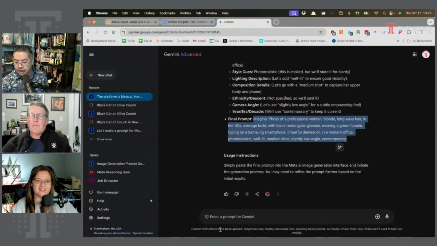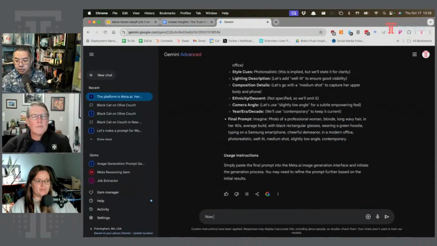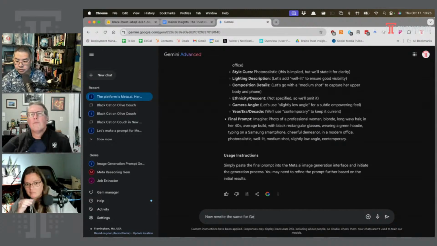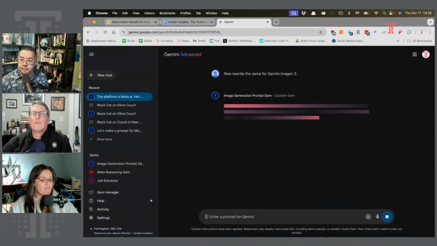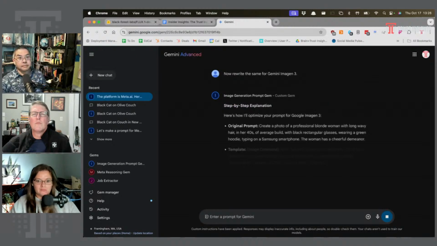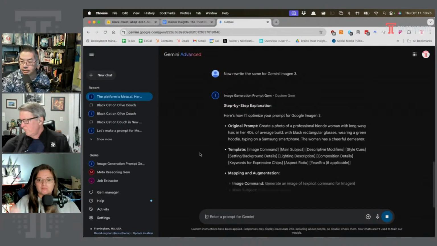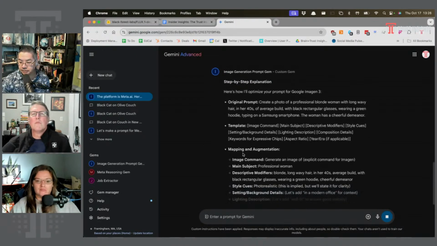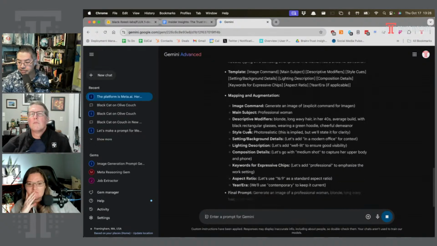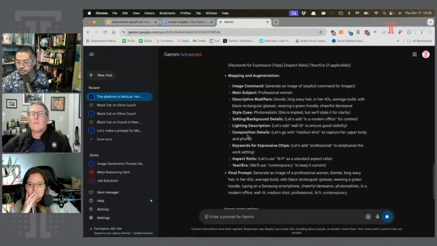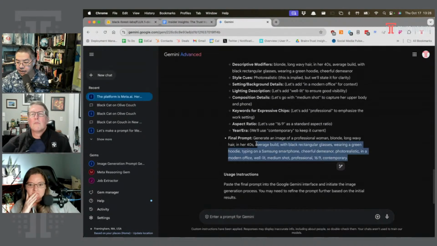Let's now say, rewrite the same for Gemini Imagen 3. There's the original prompt. I'm going to go through the Imagen format. 16:9 contemporary.